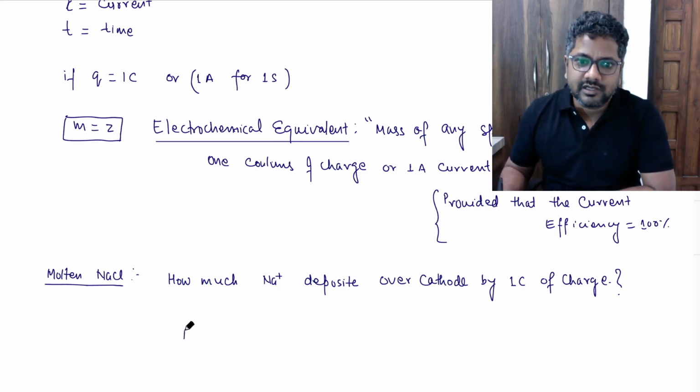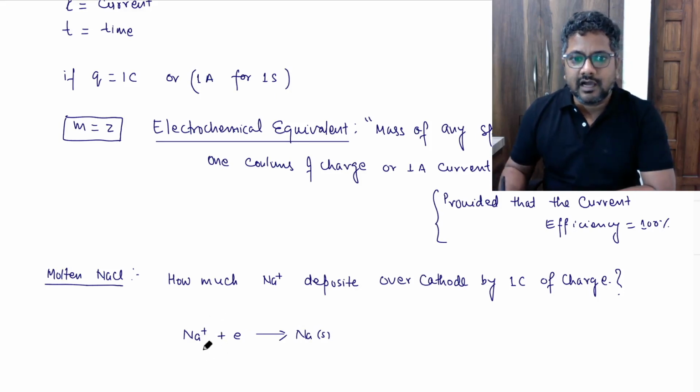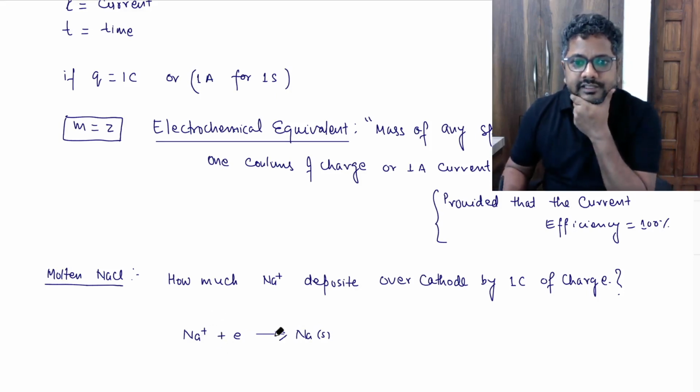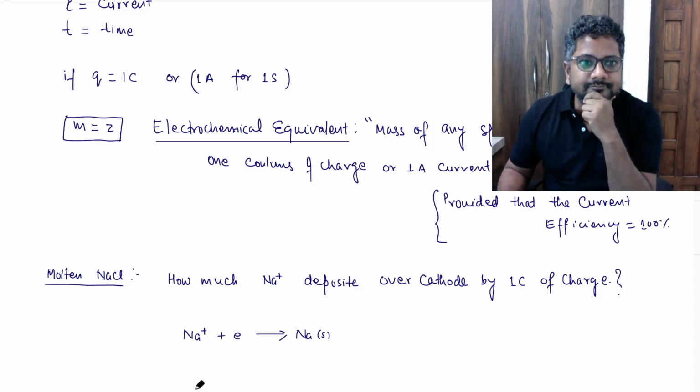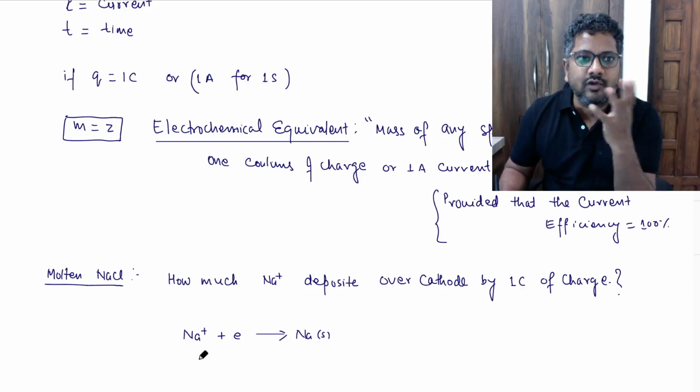So first you have to write the equation. Na plus plus electron gives Na. Now see, apply the chemistry. Now tell me how to read this equation. Are you reading this as 1 mole of Na plus or 1 sodium ion? How to read this equation quantitatively?